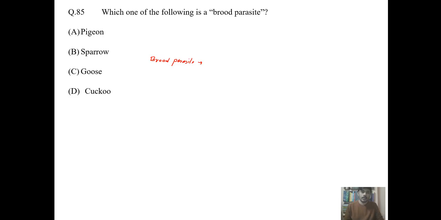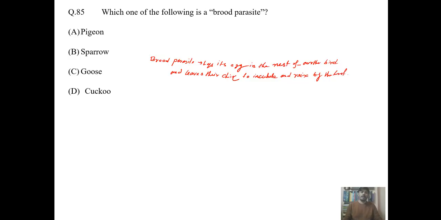A brood parasite lays its egg in the nest of another bird and leaves the host to incubate and raise the young.